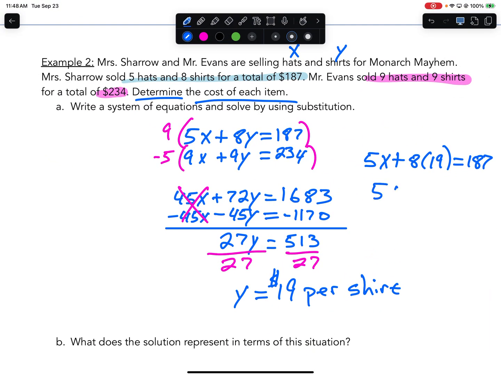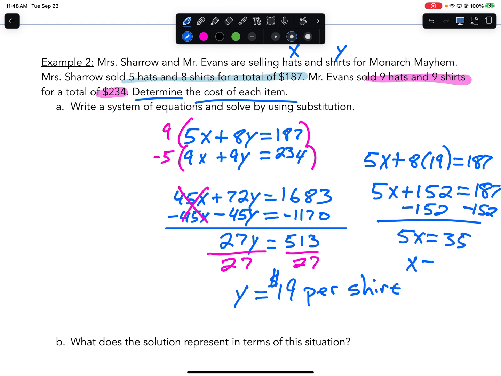So 5x plus 152 equals 187. Subtract the 152 from both sides. And we get 5x equals 35. So x equals 7, it's a cheap hat, $7 per hat.